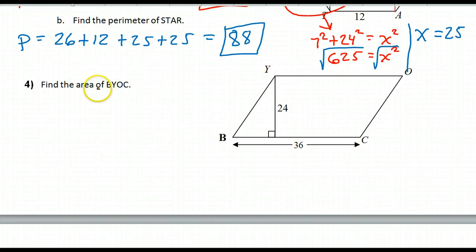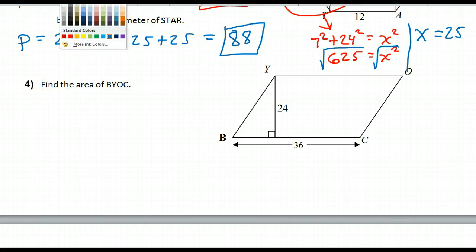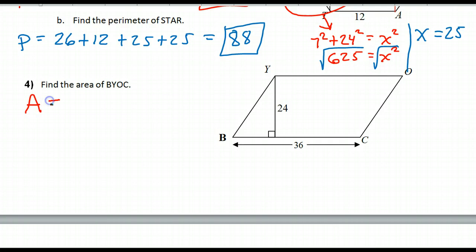Now for number 4, we're supposed to find the area of BYOC. It's good to remember that the area of a parallelogram is just base times height. So again, it's similar to a triangle area, but without the 1/2 part.